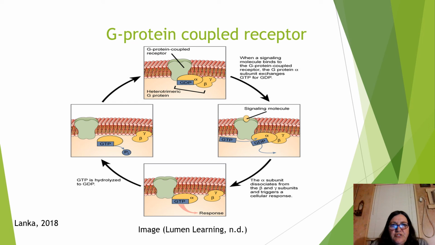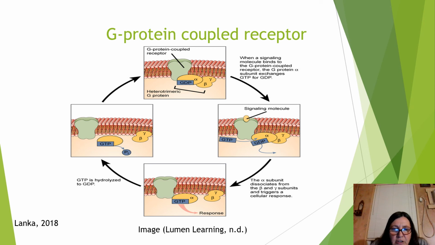And then the GEF activates the monomeric GTPase, which will replace the guanosine diphosphate, the GDP, with guanosine triphosphate, GTP, which then will activate the G protein. Once activated, the alpha subunit dissociates from the complex and binds to an effector enzyme on the cell to activate it and causes a response.